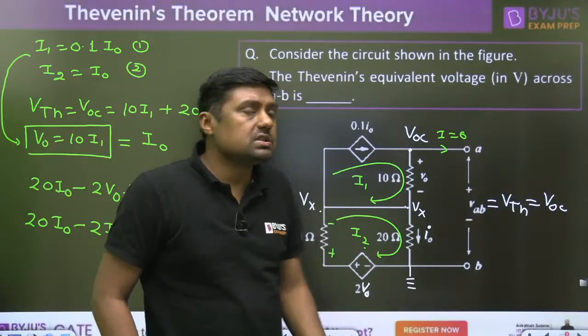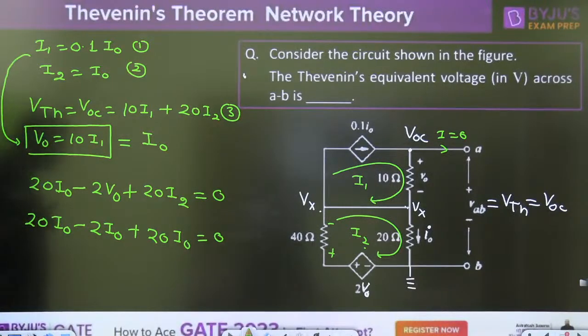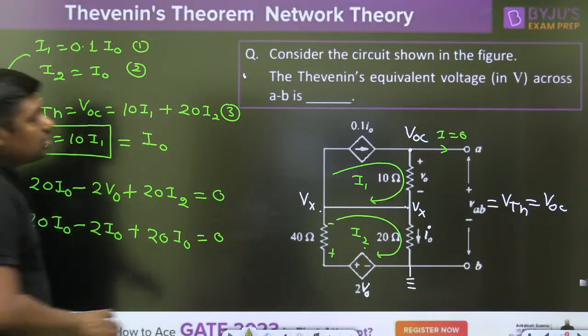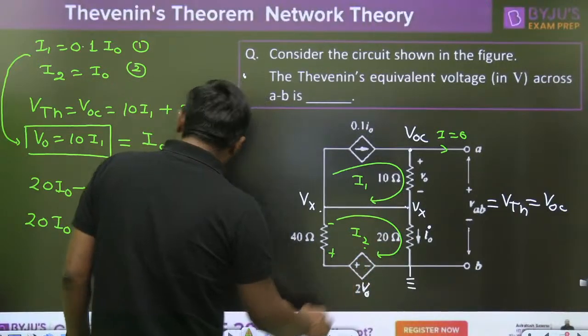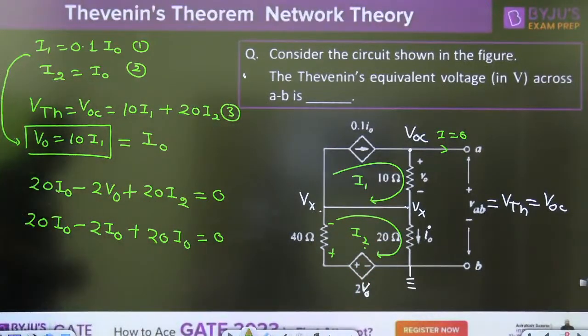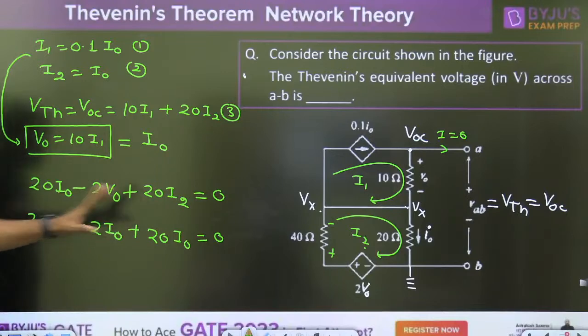So remember these equations. Watch this, is there anything missing? No. 20 I naught, that is again minus 2 V naught, that is again 20 I2, that is again 20 I naught minus 2 I naught, with V naught replaced by I naught, 20 I naught, and this equation is satisfied, right?